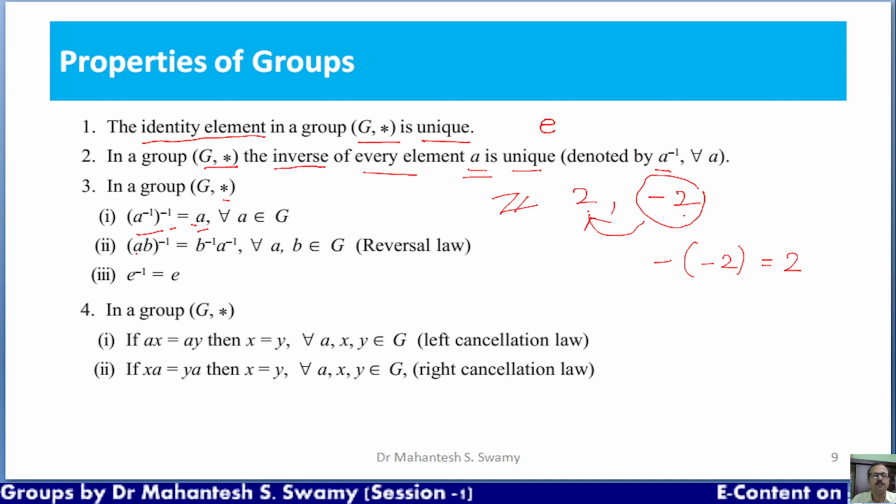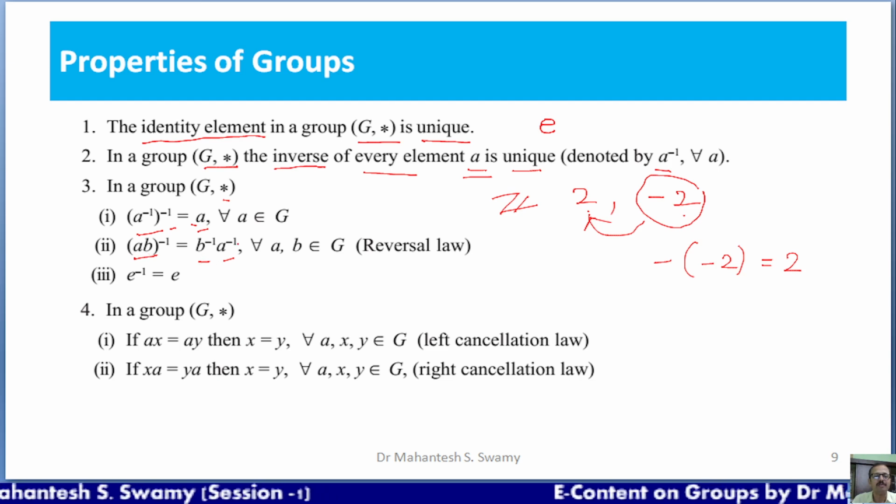And if you consider AB, here it is nothing but A star B, A operated with B, a binary operation. So A star B whole inverse is equal to B inverse star A inverse. That means the elements are reversed here, and therefore it is called the reversal law of inverses.